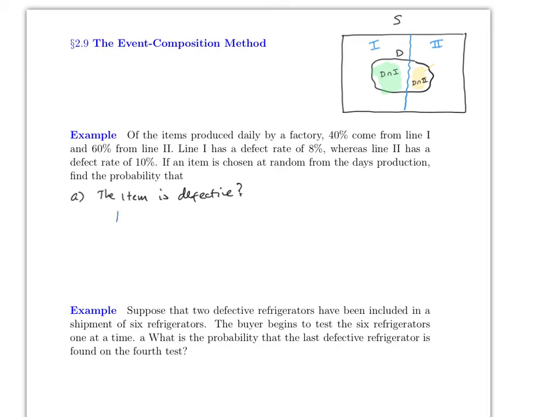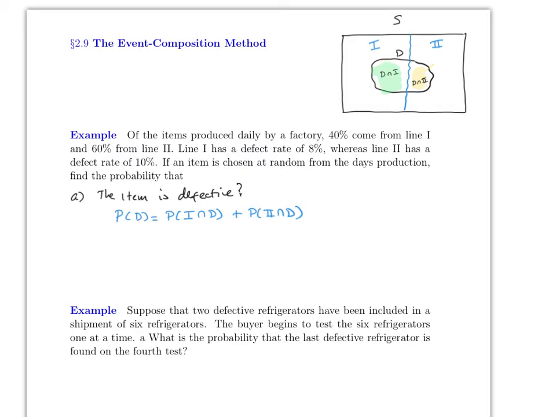In this particular example, there are only two ways that the item can be defective. It either came from factory 1 and is defective, or it came from factory 2 and is defective, which is essentially this part and this part.